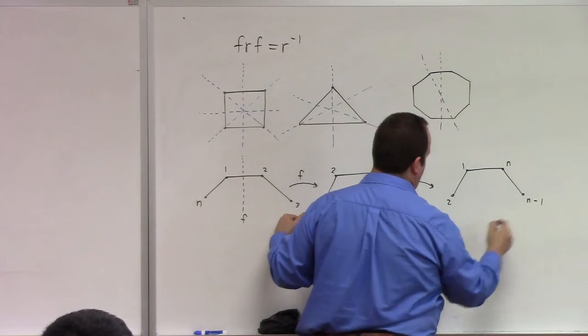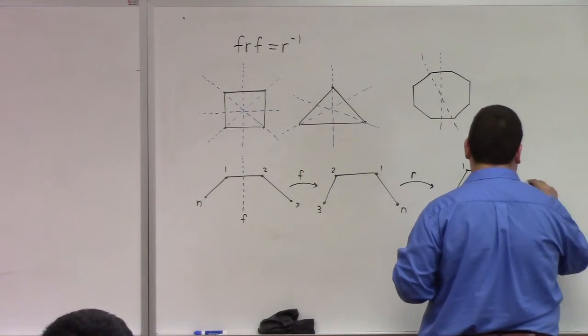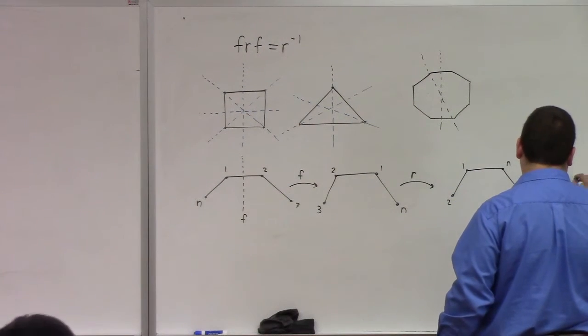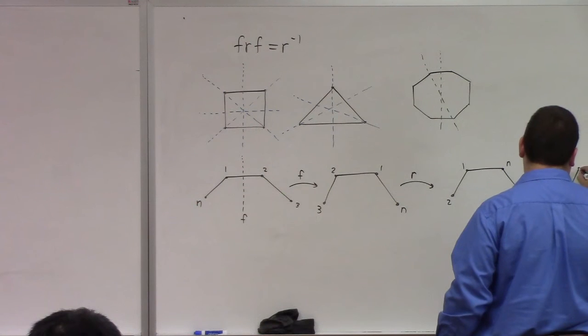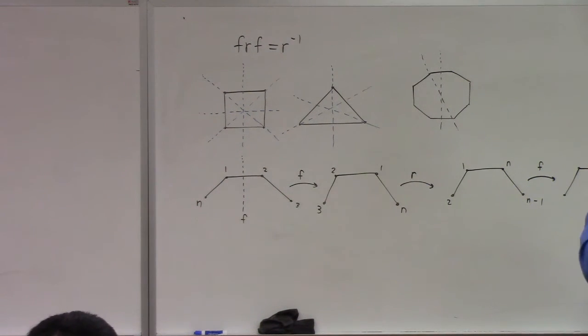All right, very good. And then I should do another flip, right? Another reflection, if I believe the identity. Hopefully, after we do this next flip, we see it's the same as just a clockwise rotation, R inverse, right? The inverse of a rotation is the rotation by the same angle, but in the opposite direction. So if R is counterclockwise, R inverse is clockwise.